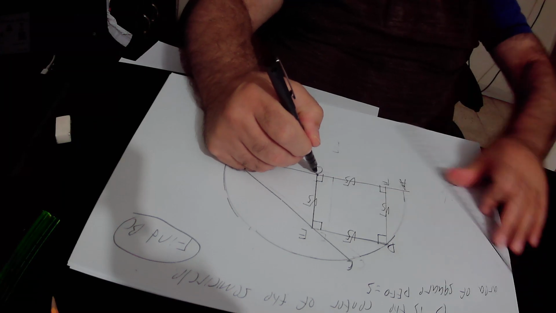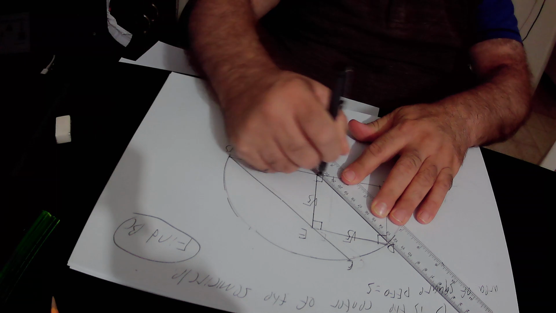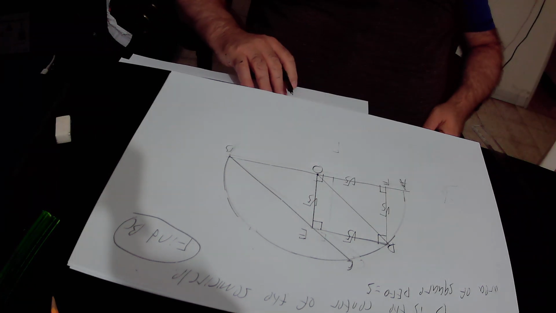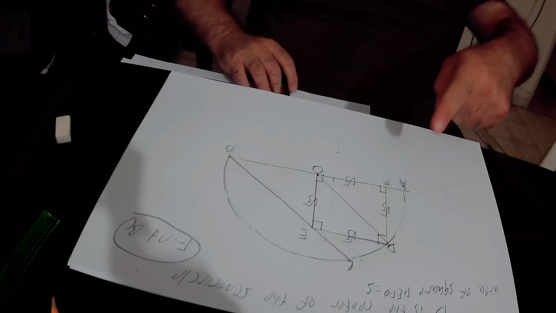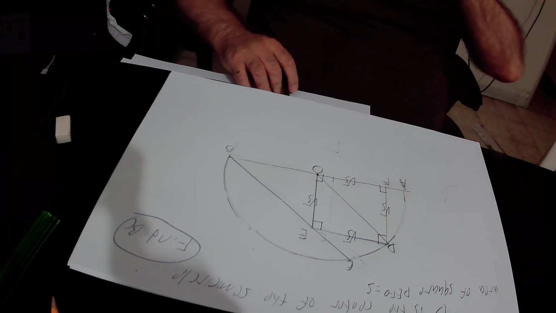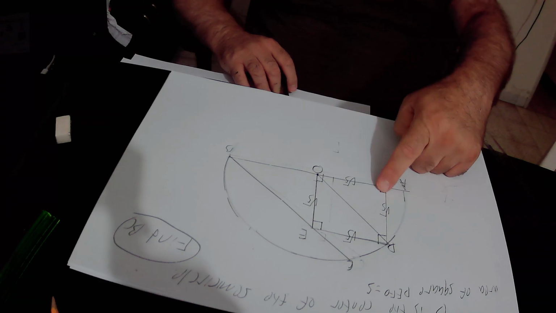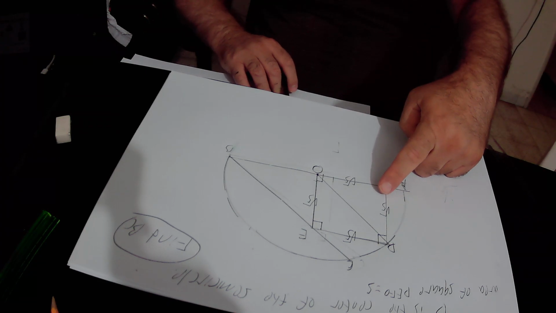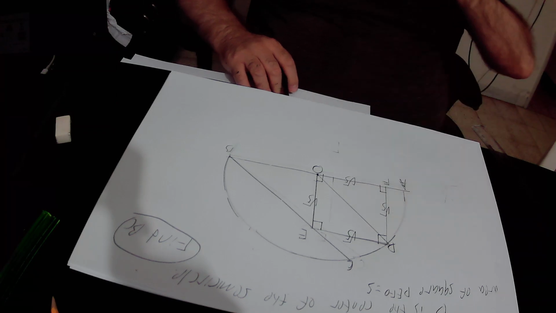Okay, so here by joining points D and O by a straight line, we created triangle DOF. The triangle DOF is a right triangle because this angle equals 90 degrees. It is one of the angles of the square.